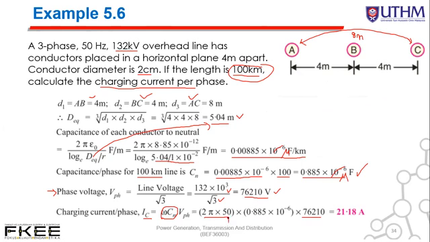The capacitance for the 100 kilometer line is 0.885 microfarads. This is the phase voltage 76210. So we got 21.18 ampere charging current.